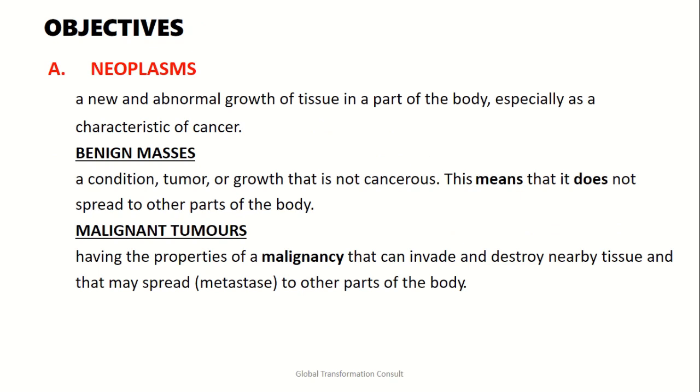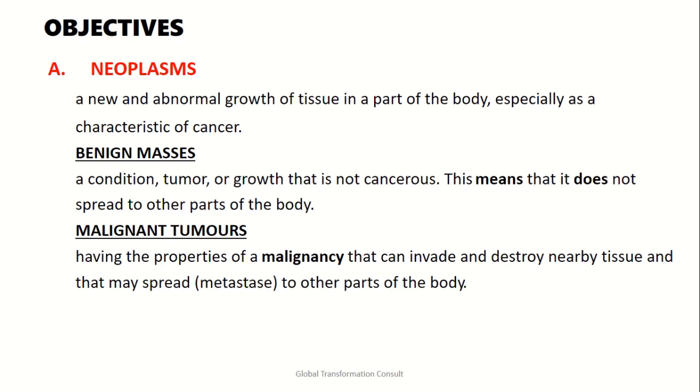So neoplasms are new and abnormal growth of tissue in a part of the body, especially as a characteristic of cancer, and they have benign and malignant appearances.